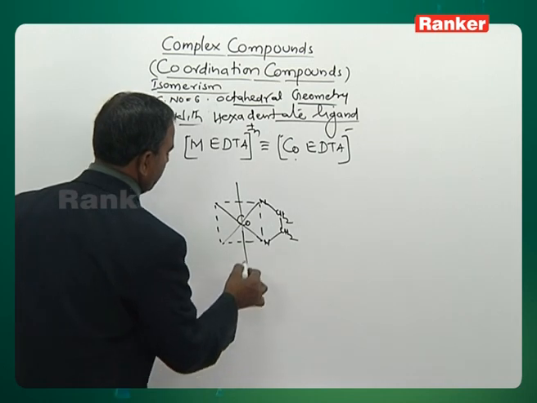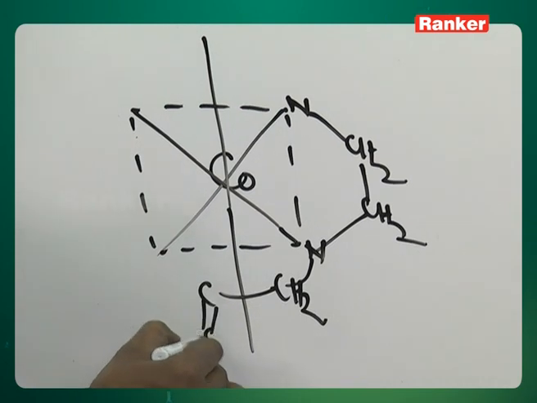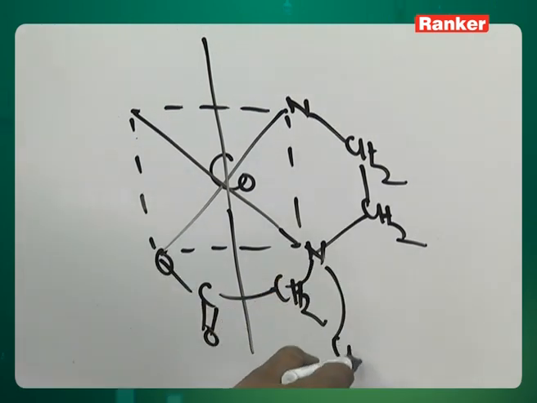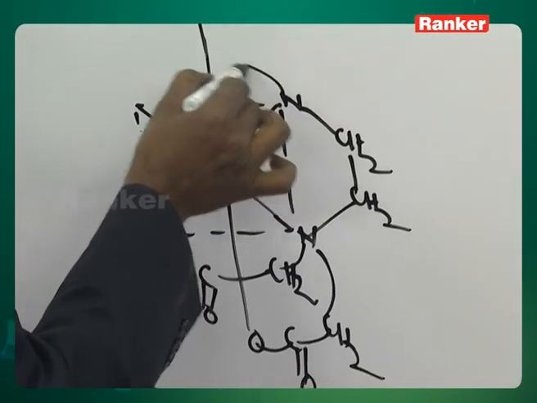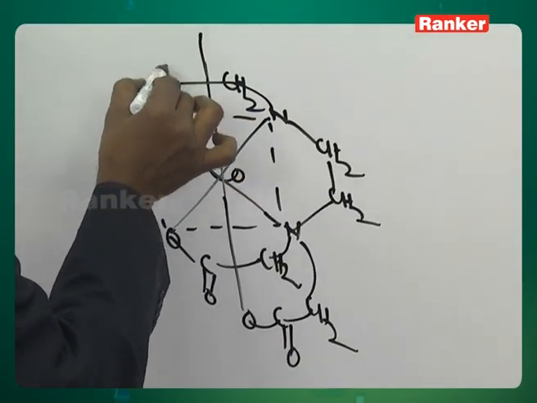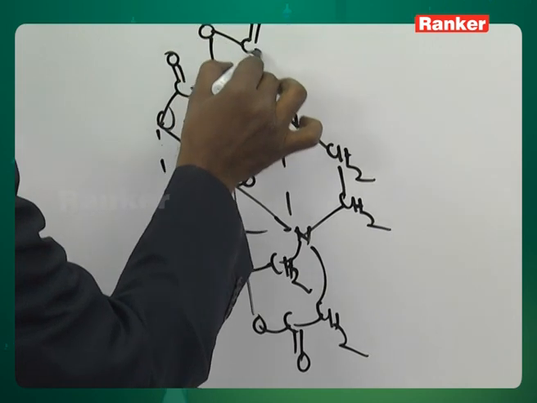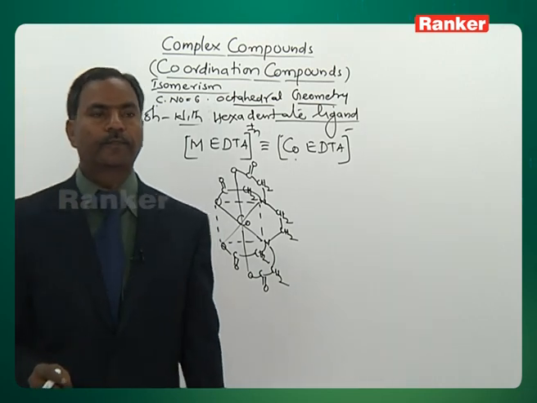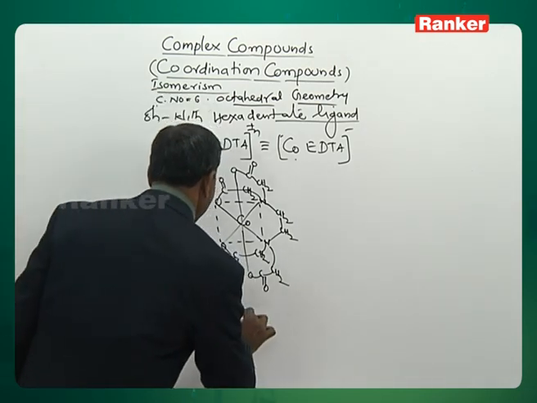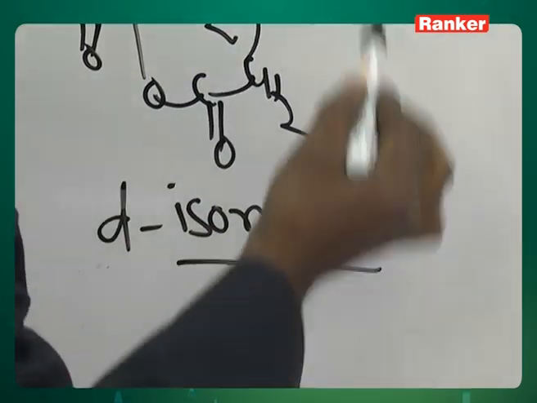EDTA is ethylene diamine tetraacetate, with four acetate groups, C double bond O. Next one, CH2, C double bond O. See, you can consider this as the D isomer.